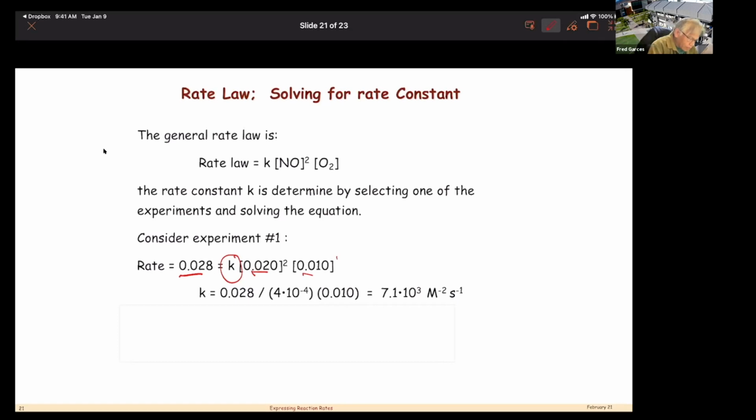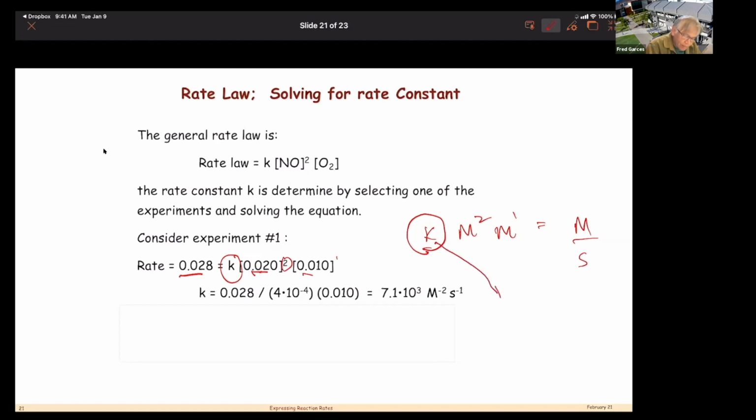Now, this K times molarity squared. Where did I get molarity squared? That's the 2 right there. And then remember, these brackets mean molarity to the first, and that is equal to molarity per time. And let's say our time is seconds. So what unit times molarity squared, molarity to the first, gives us molarity per second?